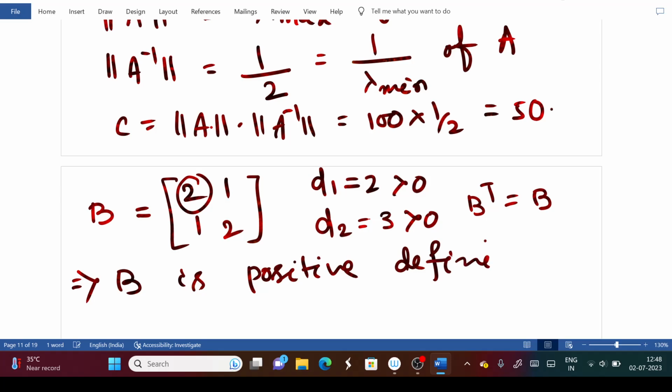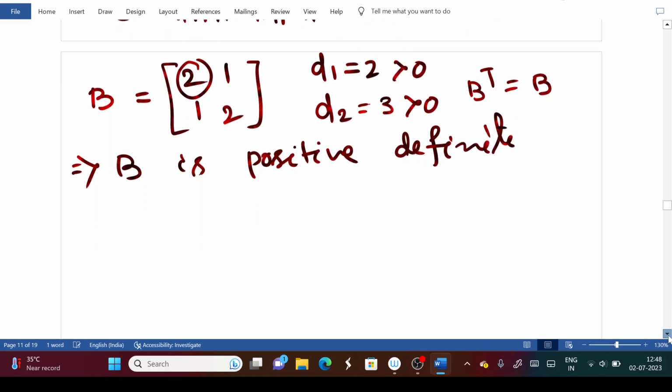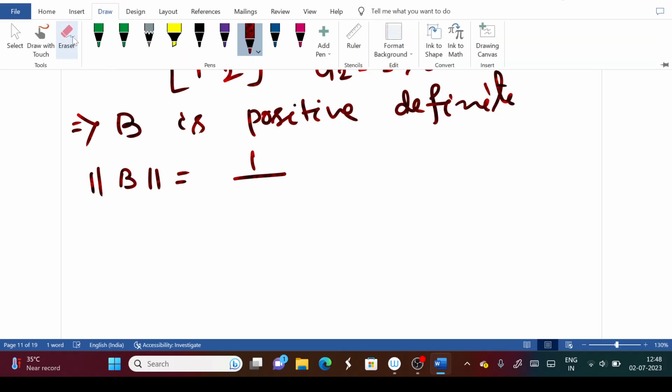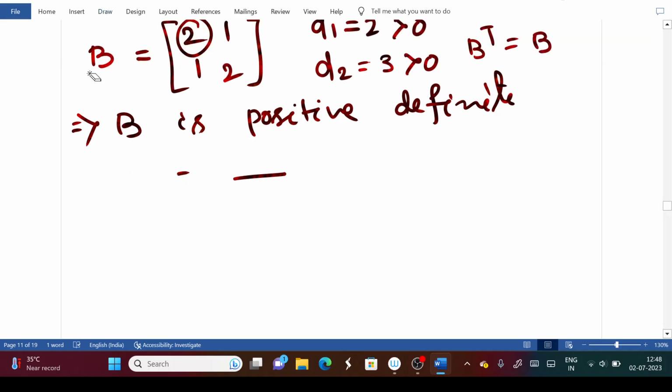As B is positive definite, directly we can find the norm of B and B inverse. First of all, we have to find the eigenvalues.